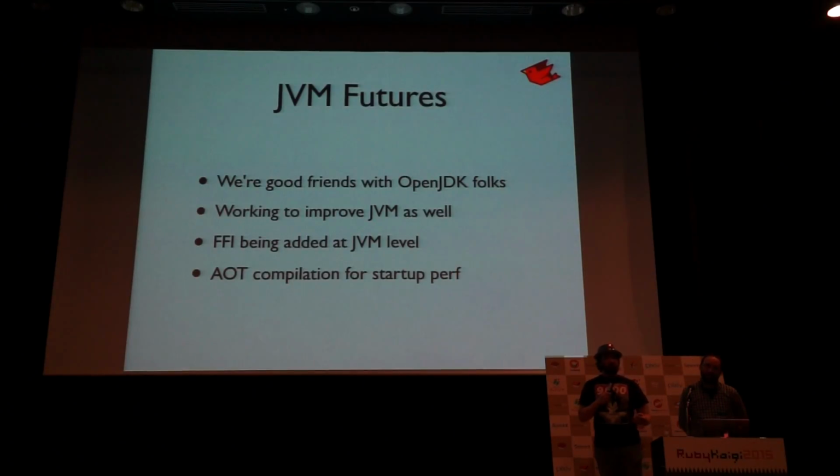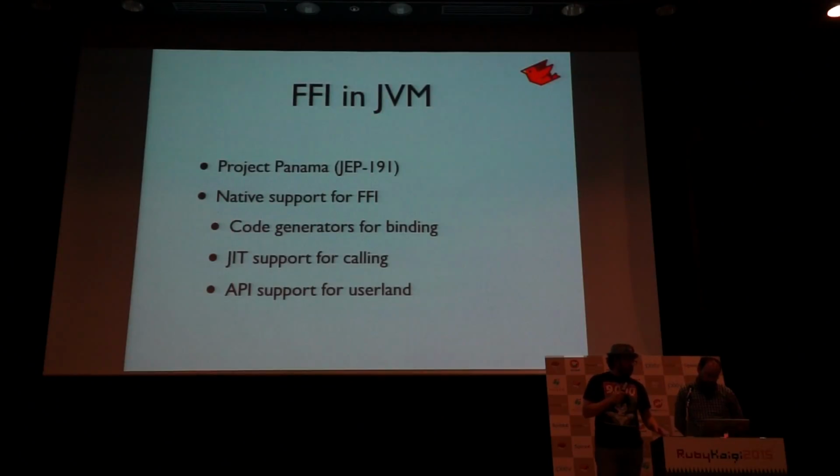And they're constantly working to make the JVM better, even using us as a test case. When they do optimizations of the JVM, they will ask us for benchmarks, and they will run JRuby to see if the new version is running faster. And they're also adding some features that are important for us. So I'll talk about a couple of those.